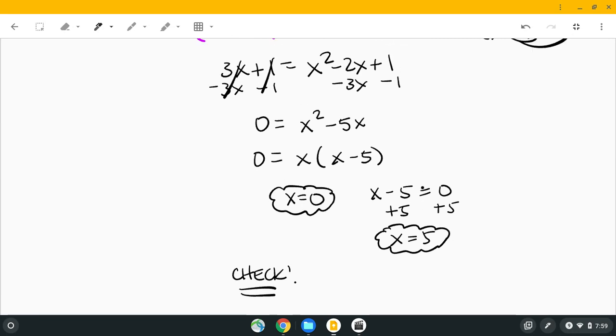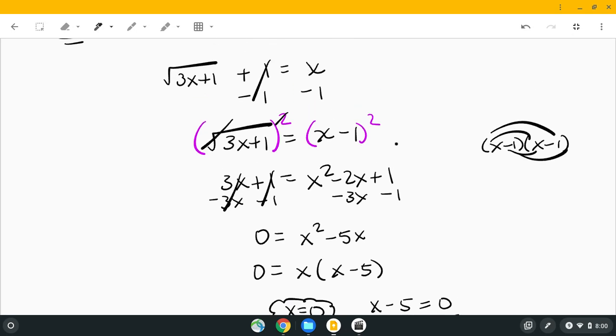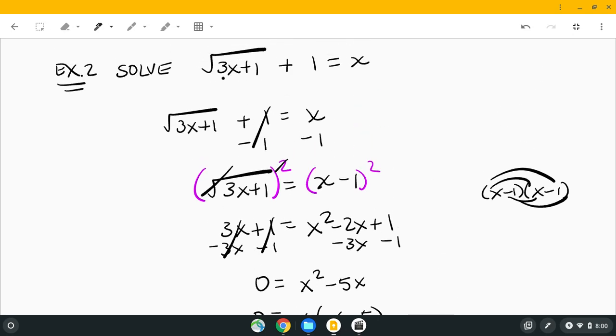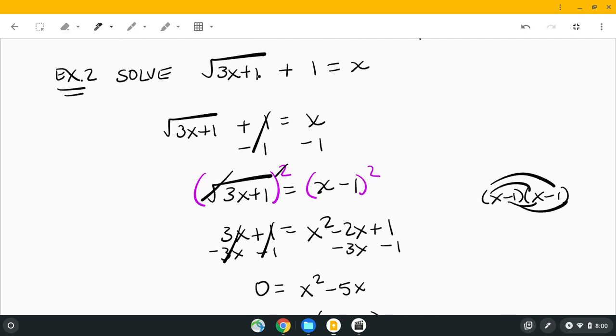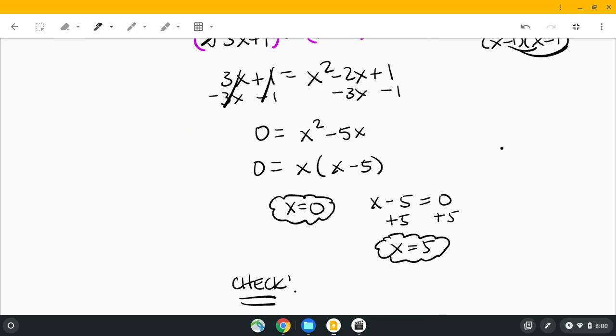All right, let's check 0 first. Where's the original problem? Up here. So 3 times 0 plus 1, and then plus 1 equals 0. Okay, so let's plug in 0. So we're checking x equals 0. So square root 3 times 0 plus 1, and then plus 1 equals 0.